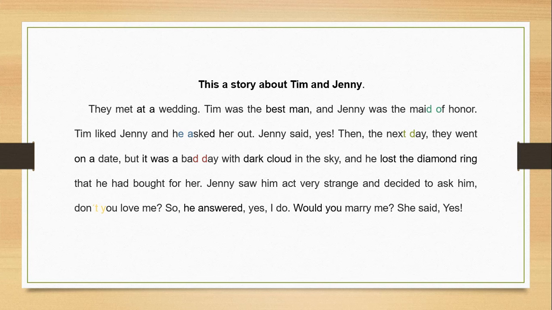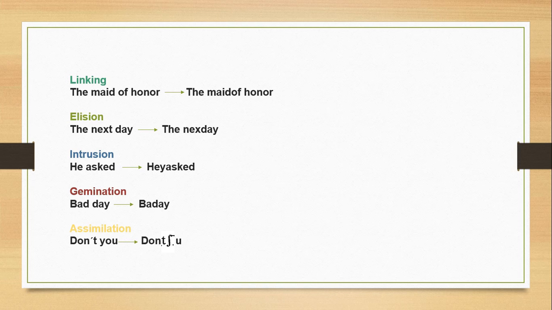The second one is he asked. The third one is next day. The fourth one is bad day. And the last one is don't you. Then in this slide you can appreciate better the connected speech that I chose from the story.